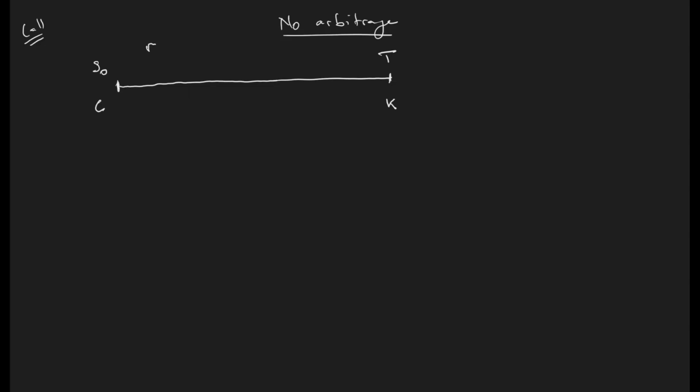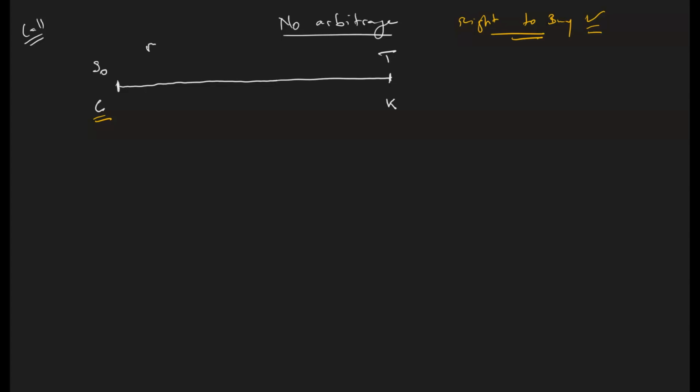Well, the way I would go about this, I would think about what a call allows you to do. The call gives you the right to buy. And so if you're going to arbitrage with a call option, you essentially don't want to own the underlying because you're going to be buying the underlying at some point in the future.